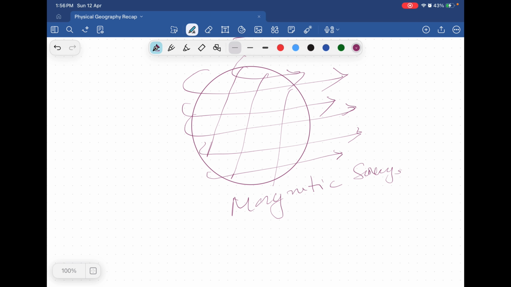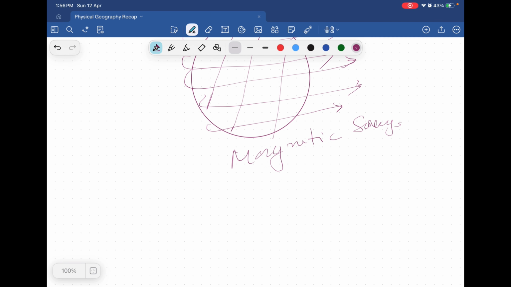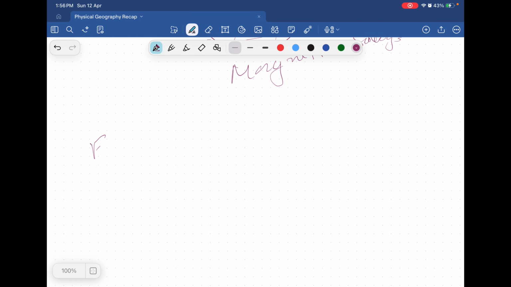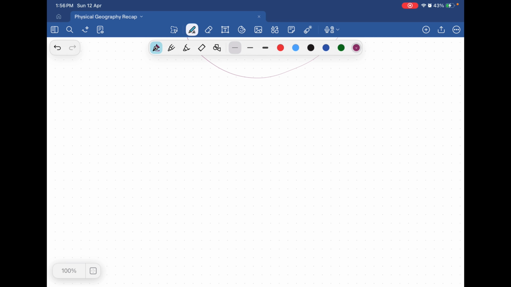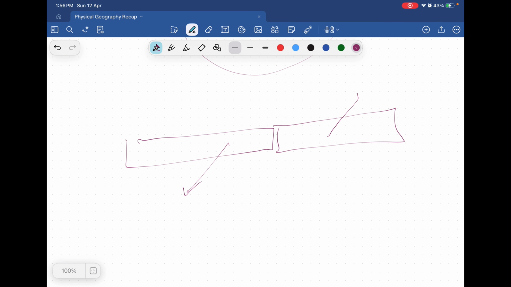Next come earthquakes. So what are earthquakes? Earthquakes are basically disturbances within the earth's crust. An earthquake occurs when there is a sharp release of energy along a fault. A fault is a sharp break in the crust, and the two sides tend to move in opposite directions.